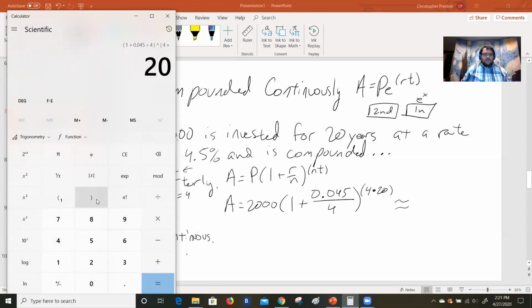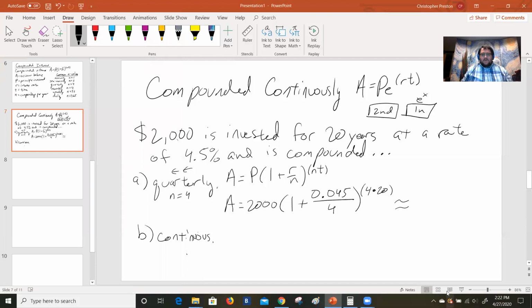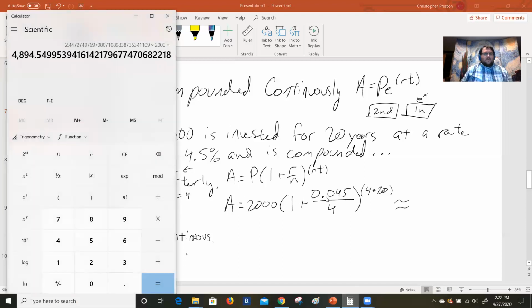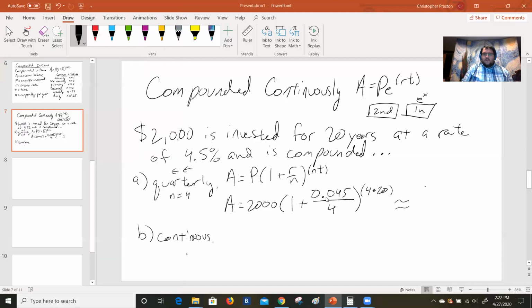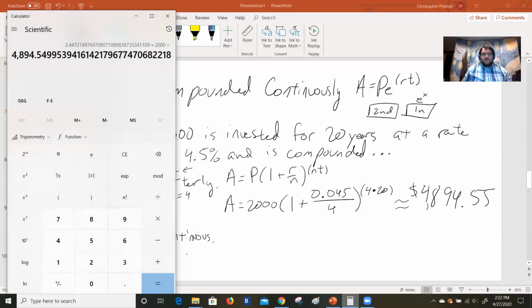I could just put 80, but I'm just going to do it this way. And then I'm going to set equals, times 2,000. And this comes out to be approximately $4,894.55. We're going to round it to the nearest cent. Don't round it to the nearest dollar unless you're told to. And make sure you actually do round it to the nearest cent.